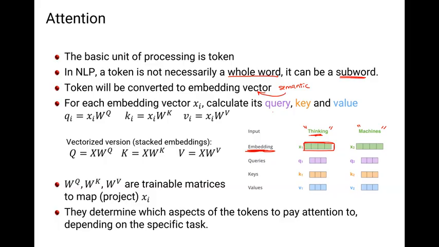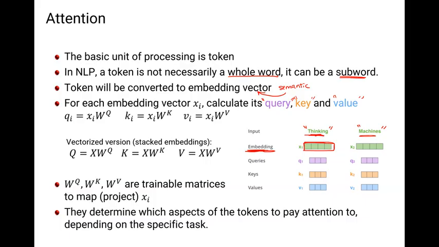Okay, then what? These are just the words or tokens from the language. Then we need to form the query, the key, and the value. So how does it form?